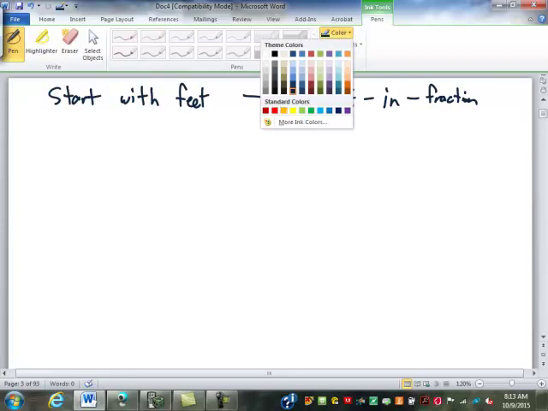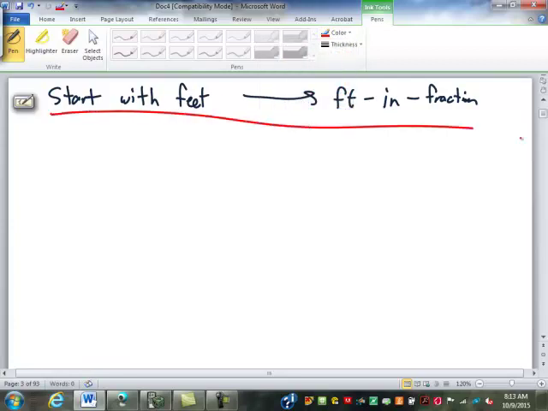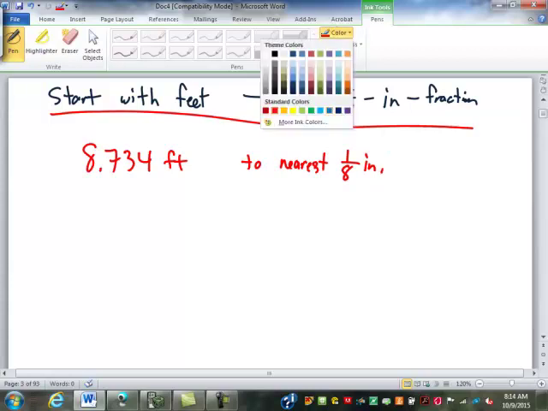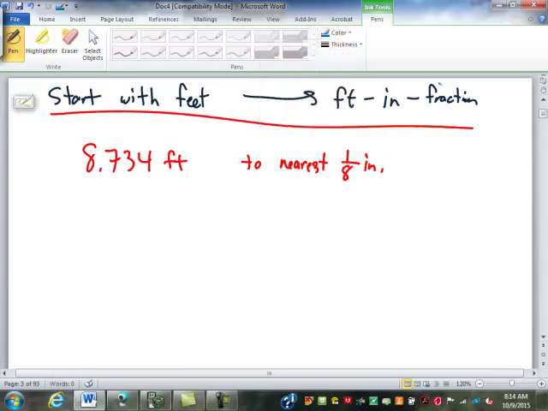Well, we're going to start with some examples of this here, starting with feet. So let's say that we have 8.734 feet, and I want this to the nearest 1/8 inch. Well, how many feet are there? 8 feet.